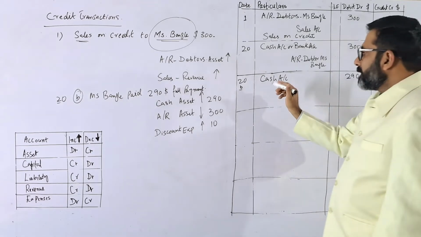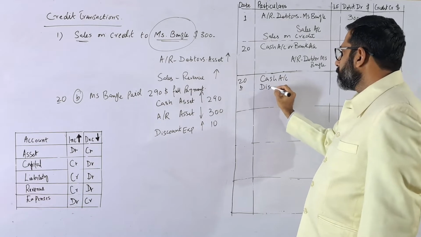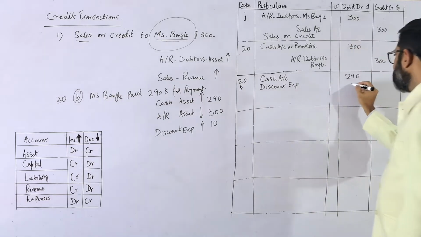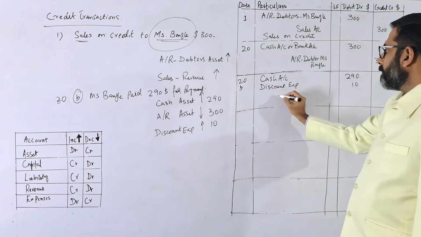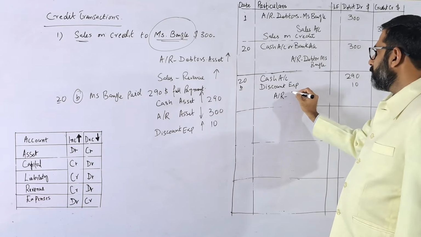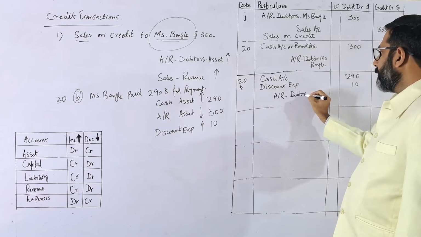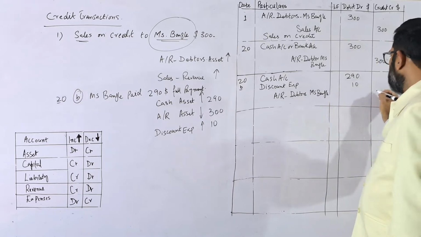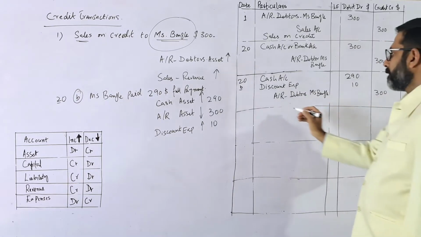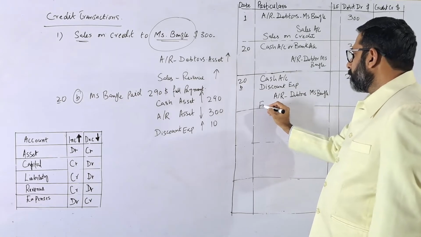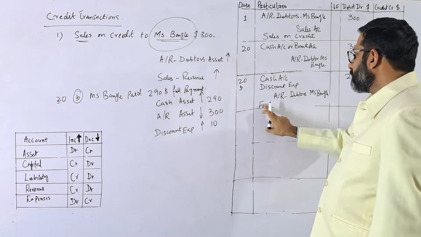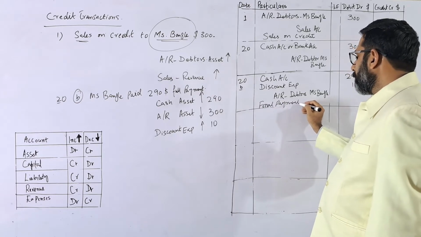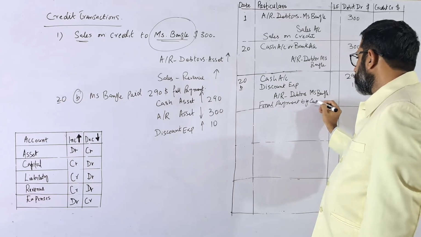Then the second effect is on the discount expense, that is $10, and then we have the accounts receivable, the debtors, and we have to mention the name of Messrs. Bengal, that is 300. So that is a full, or what we can say a final, payment by the customer.